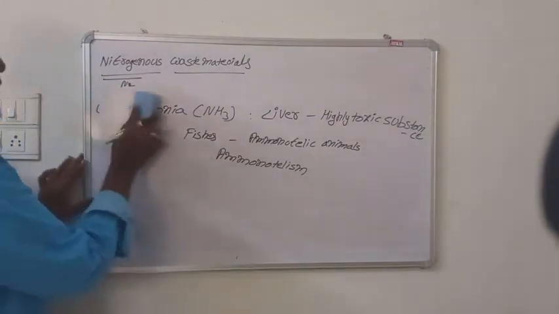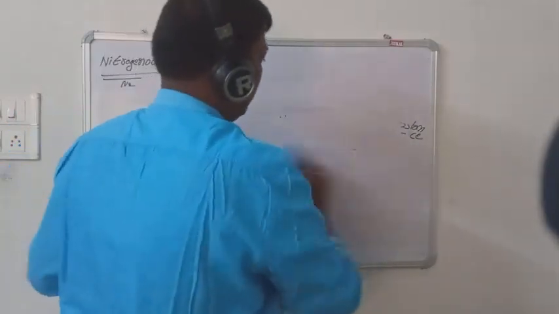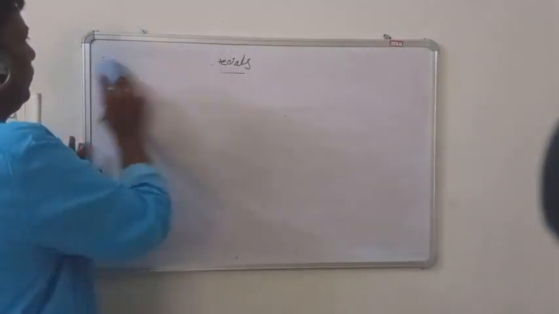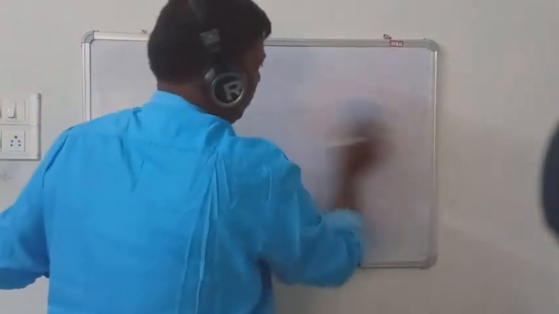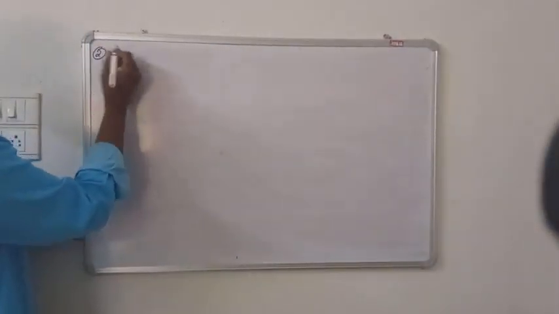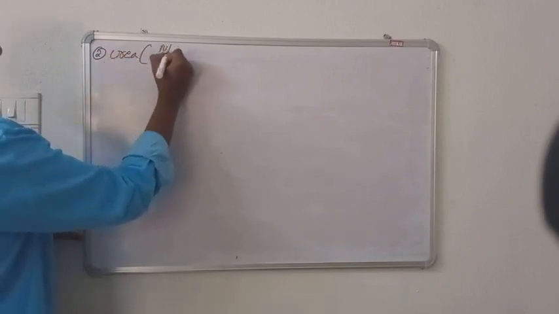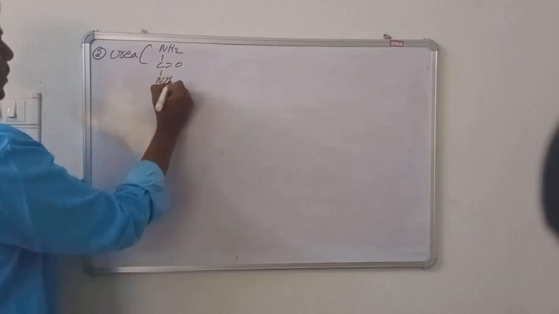Now let us discuss the second important nitrogenous waste material, that is urea. Urea is NH2 CO NH2.